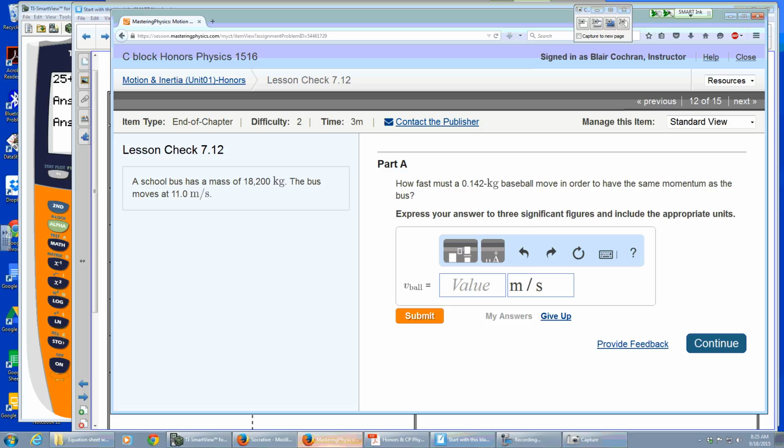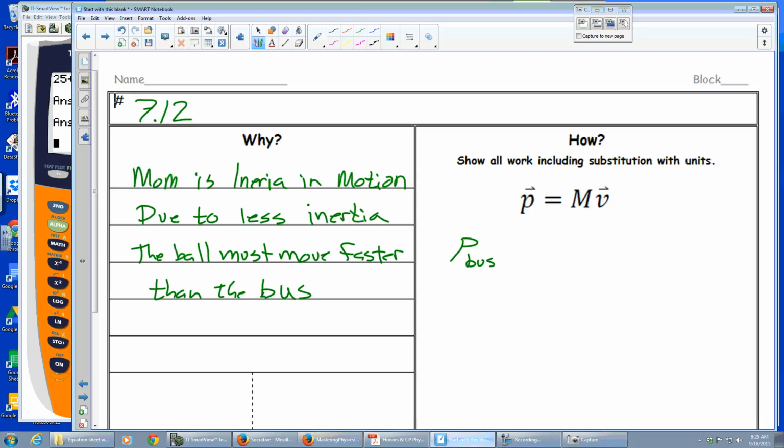The bus moves at 11 meters per second, and it's 18,200 kilograms.